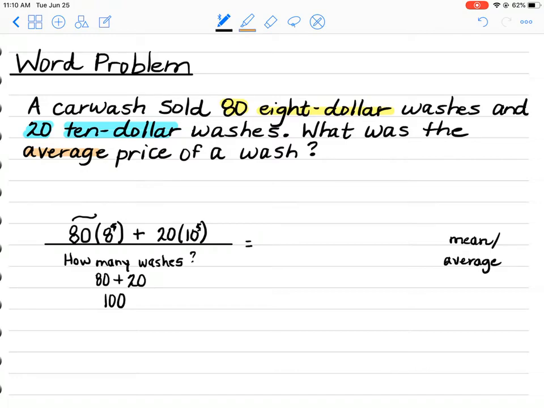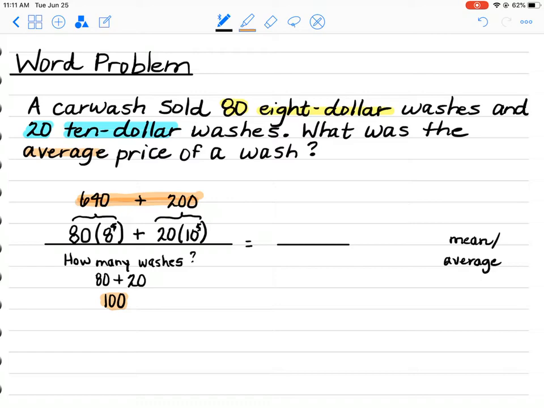Okay, 80 times 8, use your calculator, that's $640 that I made right there. Plus 20 times 10 is $200 that I made on those washes. So here comes our setup for the average. We need to take that number and that one, and we'll be in business.